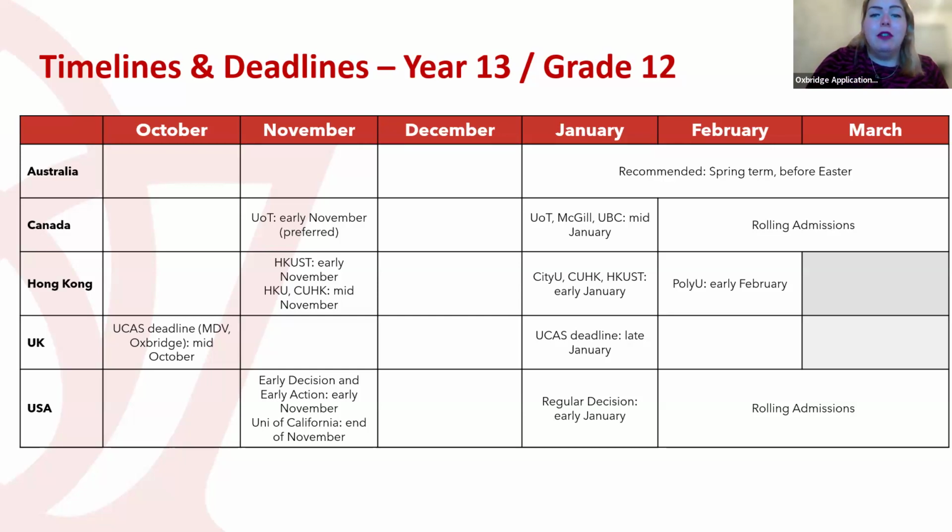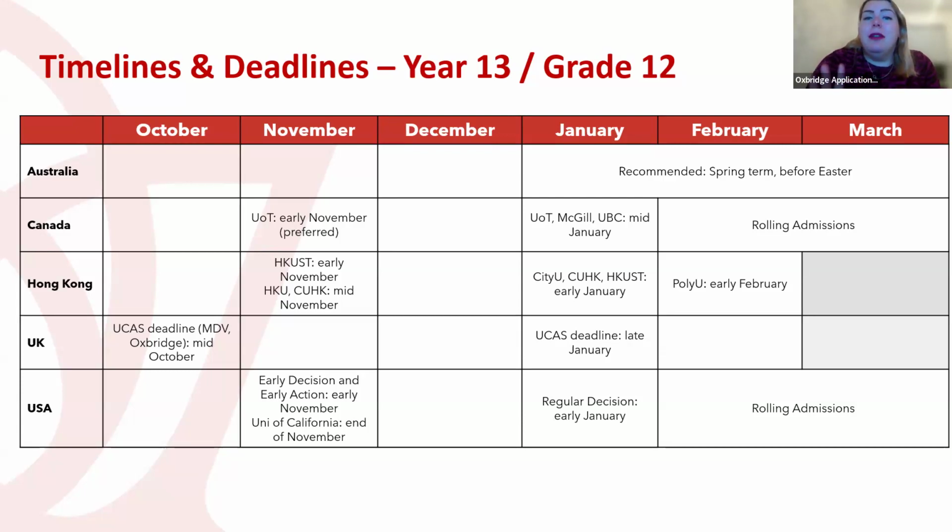Some countries use what's called rolling admissions. So you can see there that Canada and the US can often use this. This essentially means that the universities remain open and can give out offers until they are full. So they don't utilize a strict deadline, but they keep open until there are no more spaces to give.